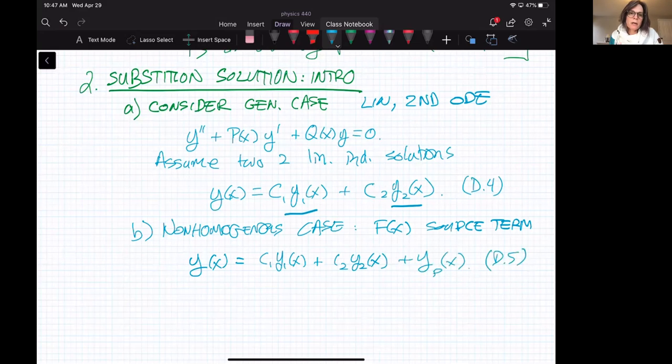Depending on the function, we might add, say, a linear term or an exponential or another oscillatory term, and then try to match the initial conditions. By assuming a solution, we're trying to show that it is the solution, sort of a uniqueness theorem.